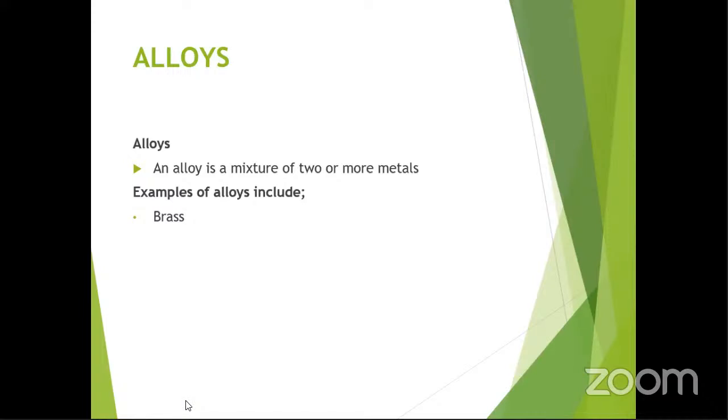Okay, let's move on to another thing. So we are talking about examples of alloys. It's good that you have been able to mention these examples of alloys. You've talked about brass. You also talked about bronze. So which metals do we mix to get bronze?